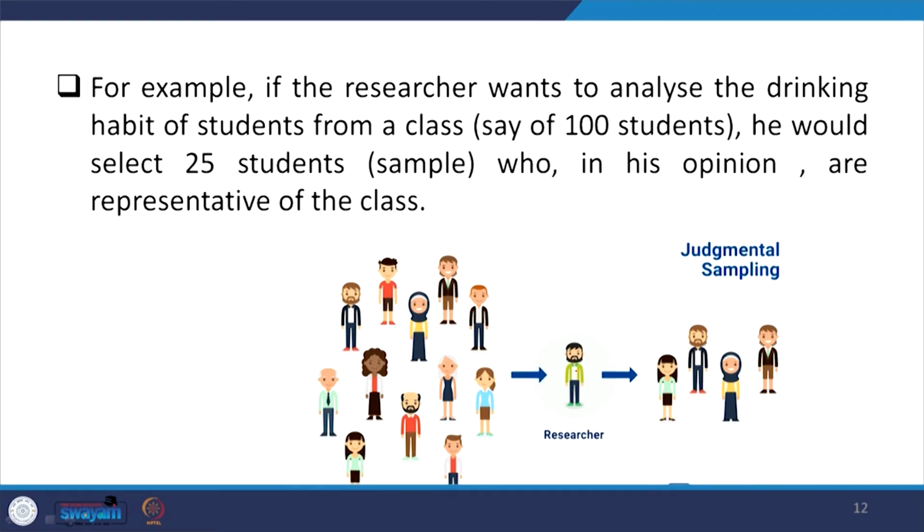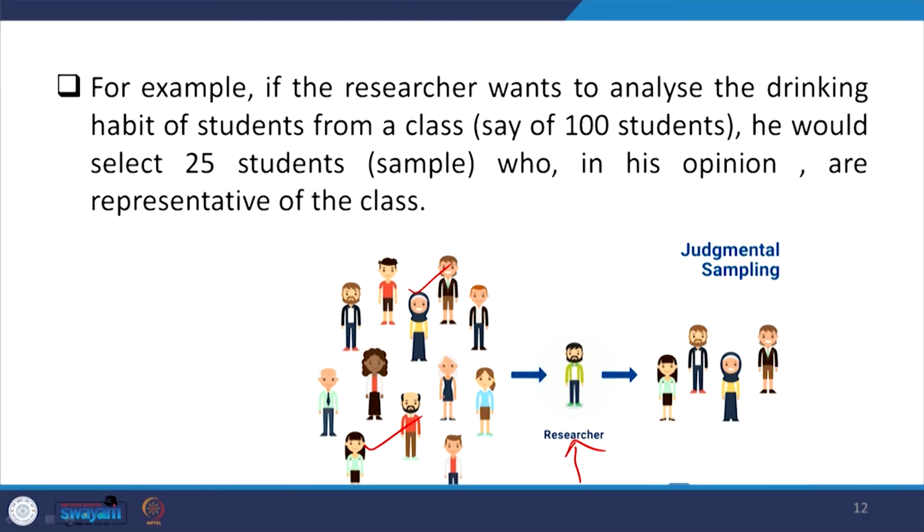So, here the picture is very indicative. The researcher is located here, and the researcher understood very correctly that some people are going to be representative enough in capturing the reality, so those are selected for the sample.